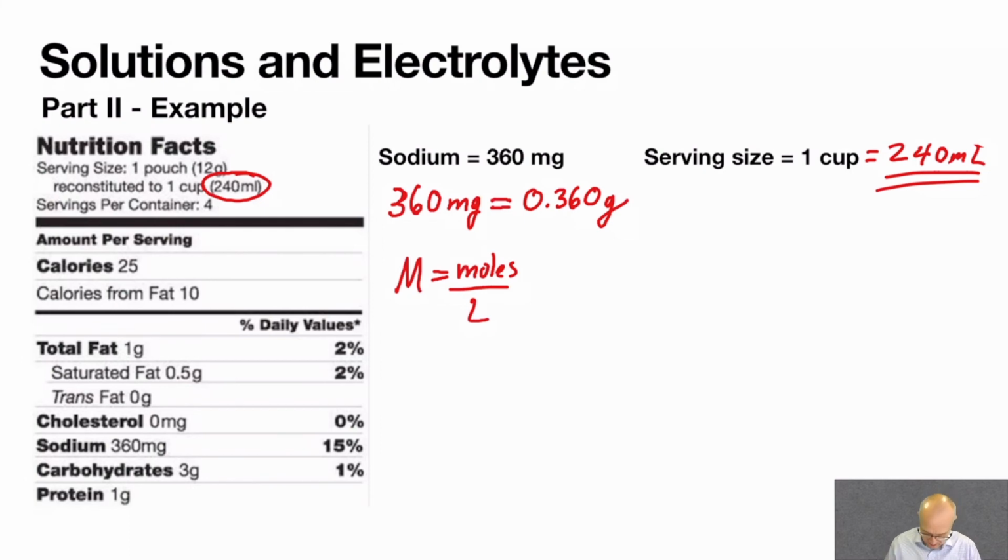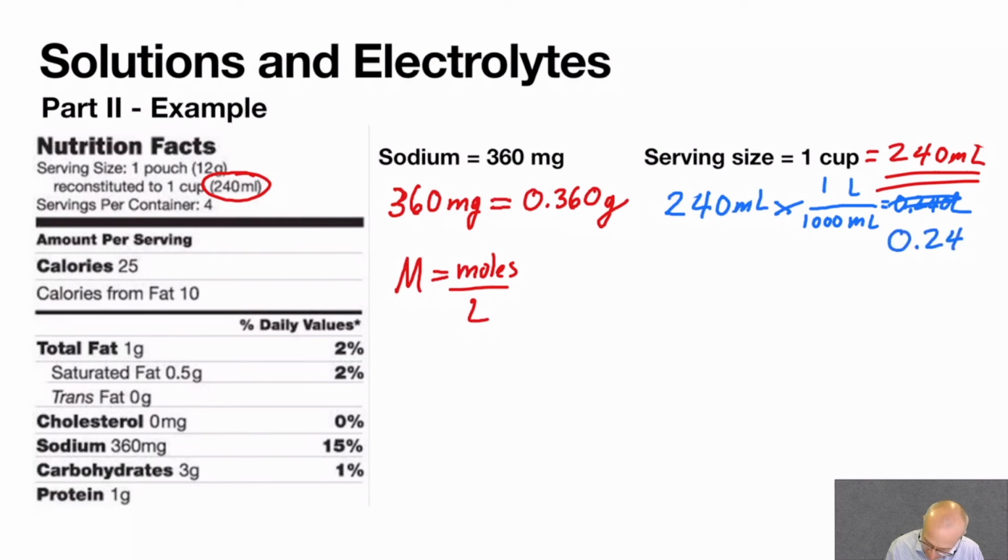We have the expertise. 240 milliliters multiplied by something to give us liters: milliliters on the bottom, liters on the top, 1 liter per 1000 milliliters, gives 0.240 liters. Not a problem for us. We are expert chemists, and that value will go down here.